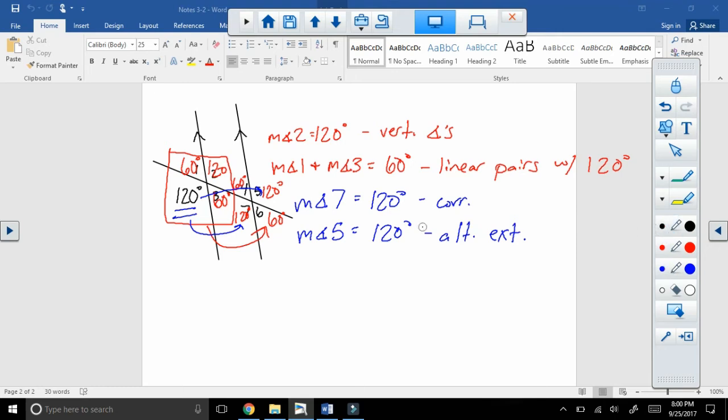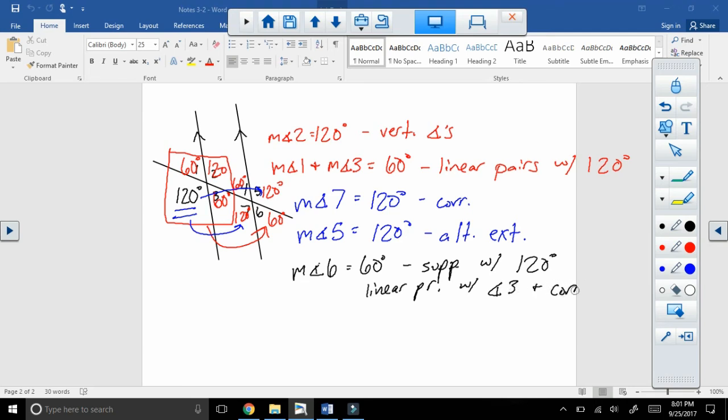But what you could always do is relate angle 6 with some other angle. So you could say the measure of angle 6 is 60 degrees, and if you wanted to just write because it's supplementary with 120, you could. Or you could say because it's a linear pair, maybe with angle 3, and then it's the same because they're corresponding angles.